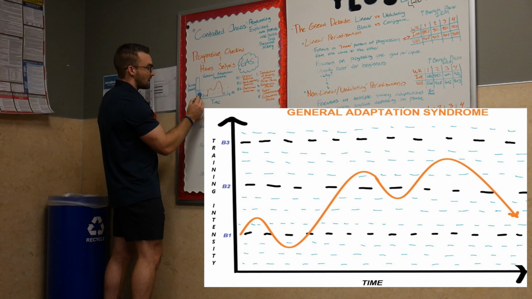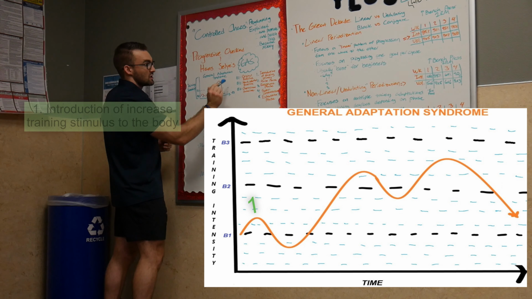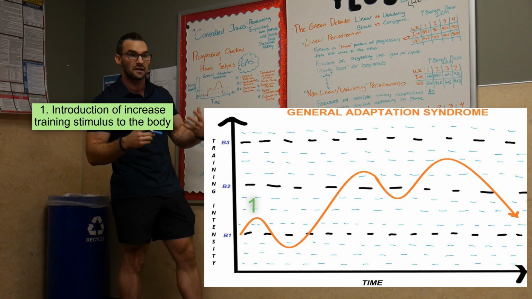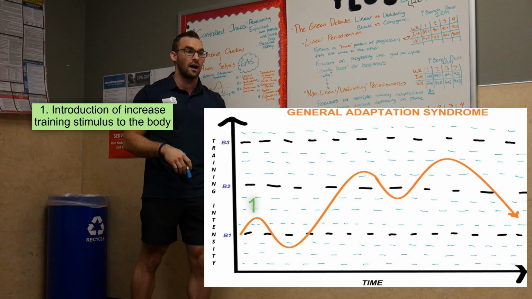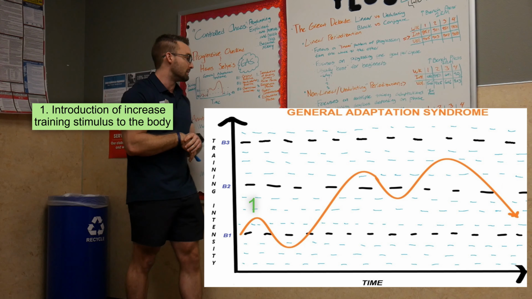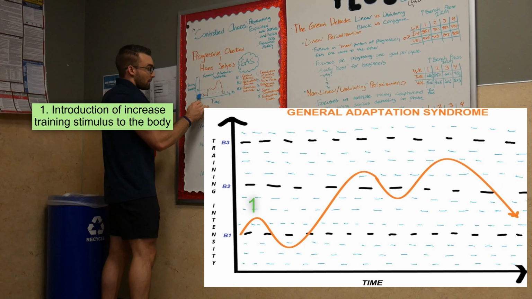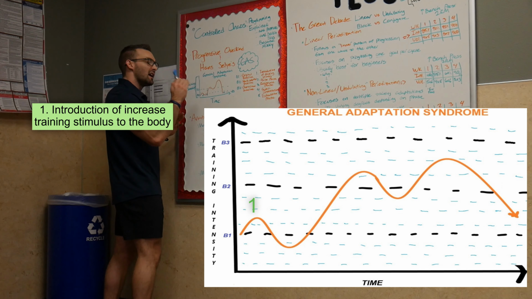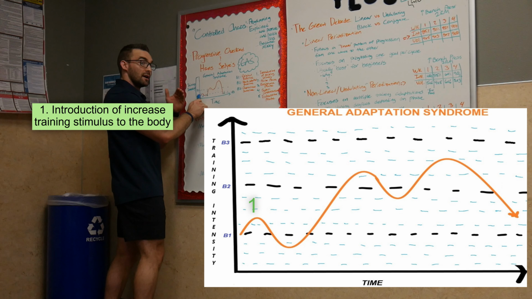Point number 1 here is the introduction of that training stimulus. Let's say this person is first coming to the gym, hasn't worked out before in their life, and you're taking them through their first workout after doing the fit appointment. The body receives this stimulus and has to overtrain a little bit to try to match the newer intensity of that exercise.